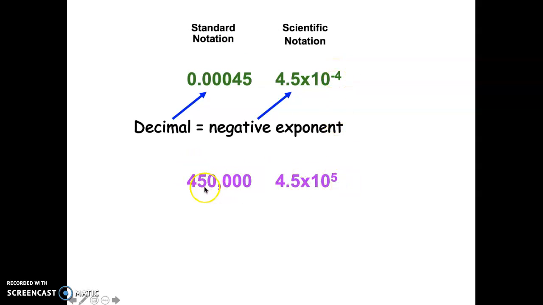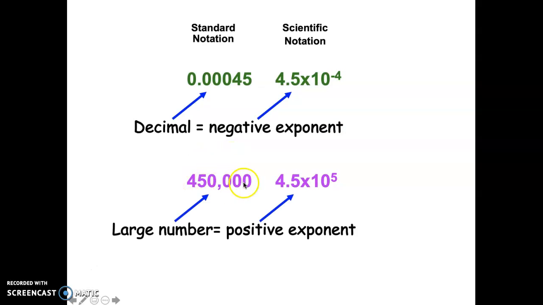Take a look at the one down in purple. This is a large number. So if I have a large number and I'm converting it to scientific notation, my exponent better be positive because positive exponents create large numbers. Negative exponents create small numbers.